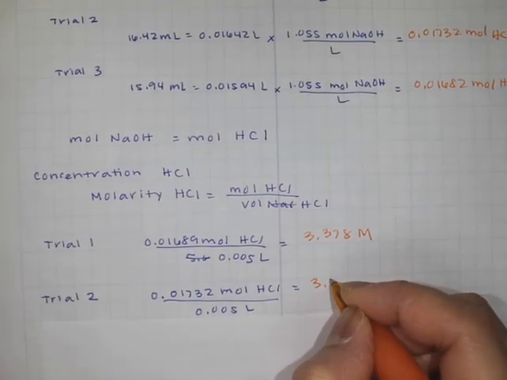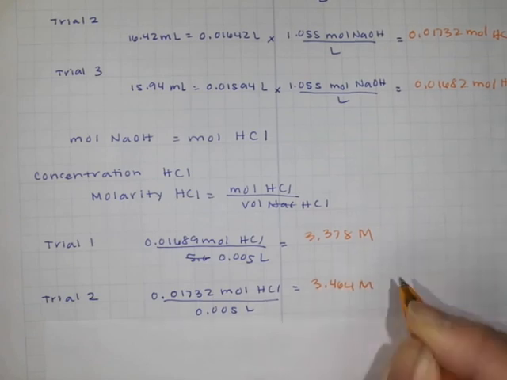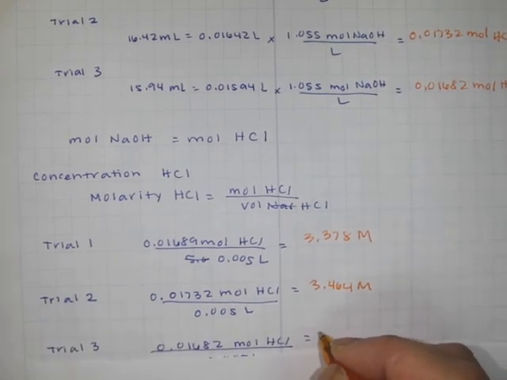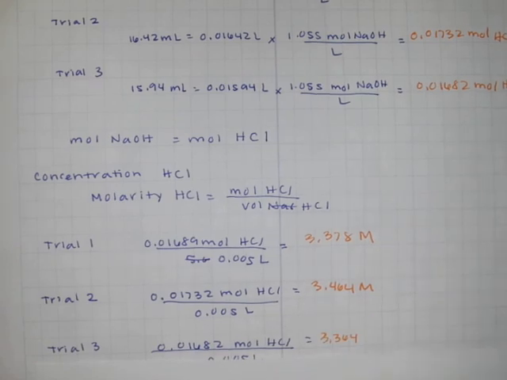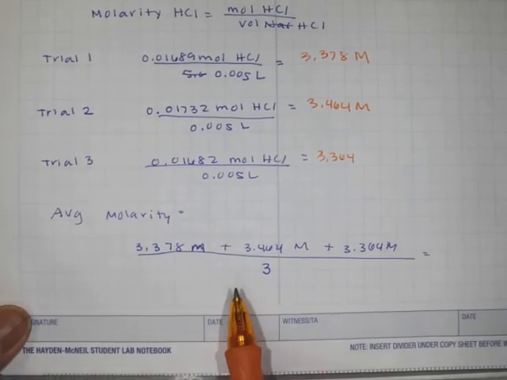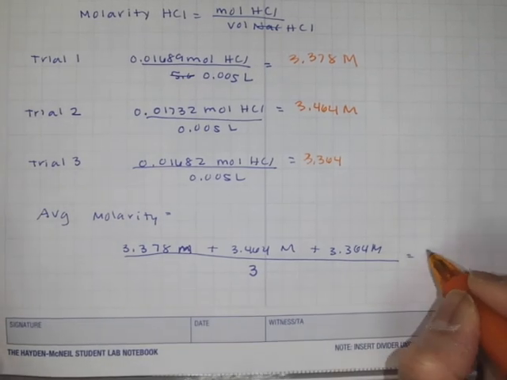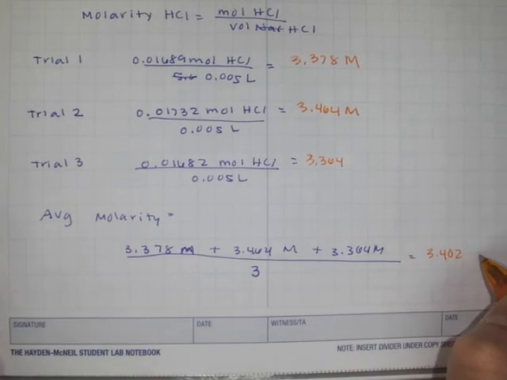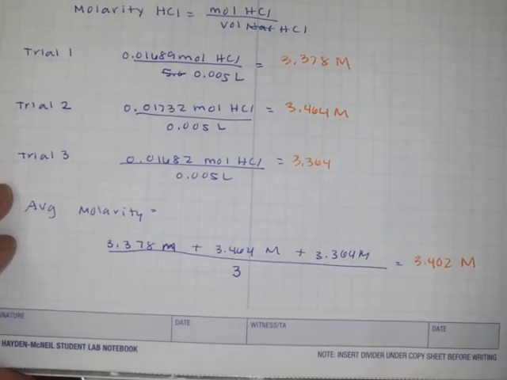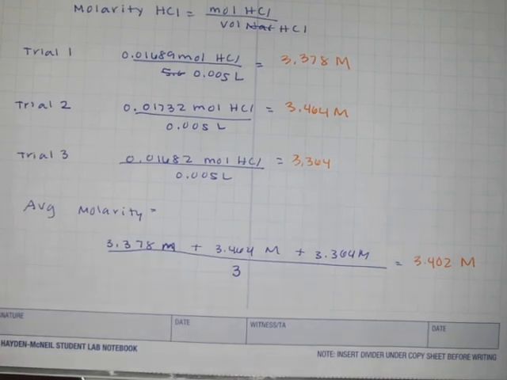This is 3.464 molar, and this is 3.364. For the average, again, all of the values added up divided by 3. This comes to 3.402 molar. All right, and that is definitely the end of the calculations.